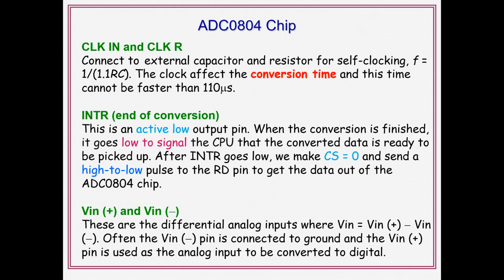So here the input voltage is the difference between Vin plus and Vin minus. For our convenience, always Vin minus should be connected to ground, then Vin equals Vin plus. So input voltage depends on Vin plus because we connected Vin minus to ground.